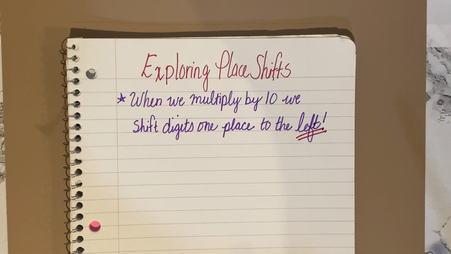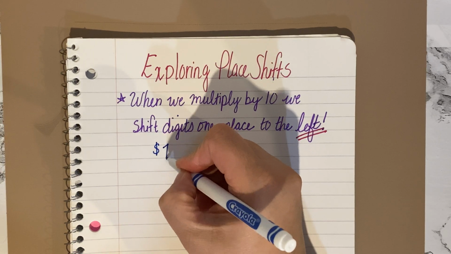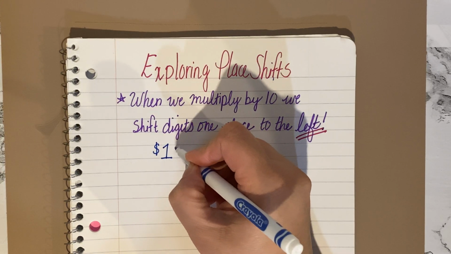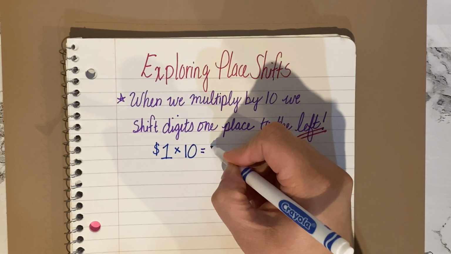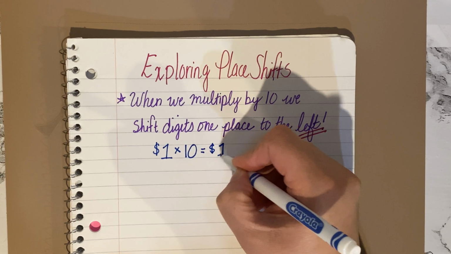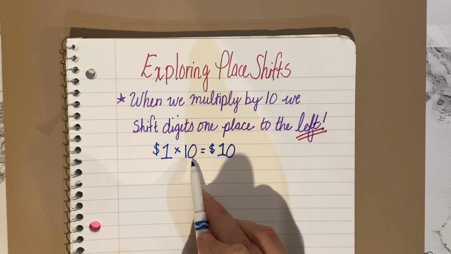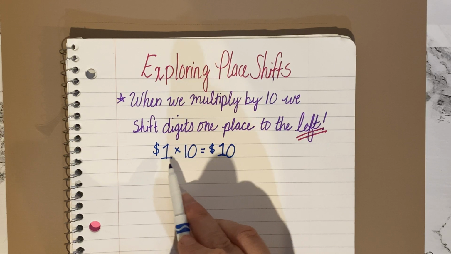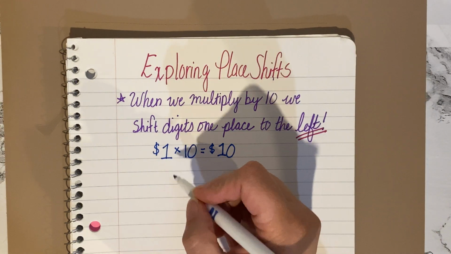So we're just going to start out with some examples. If you have $1 and you multiply that dollar by 10, you have $10. What you did was you shifted this one place to the left, because by 10 you shift one place to the left. So we took it from the ones place into the tens place.